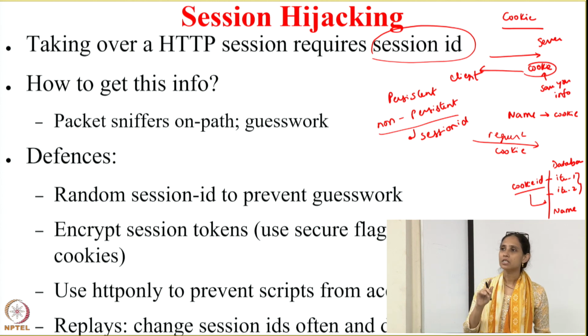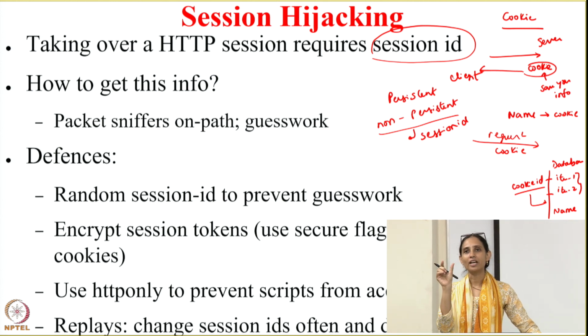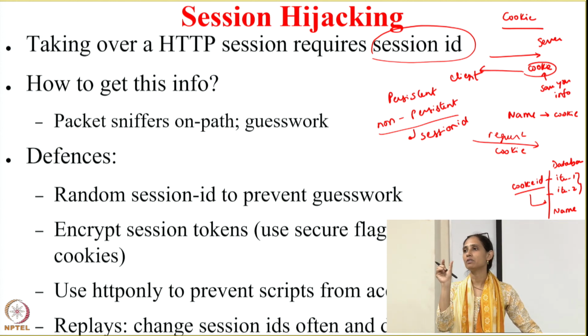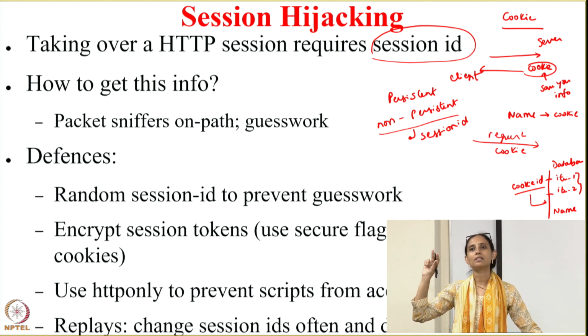That is why, when you contact the server the first time, it will create the session ID only if yours is a successful login, and that session ID is passed to the client. And next time you request something, that session ID is conveyed back, and the server will check, is this a valid session ID? That will tell it that yes, this is a user who has authenticated in the past. That is when you serve that request.